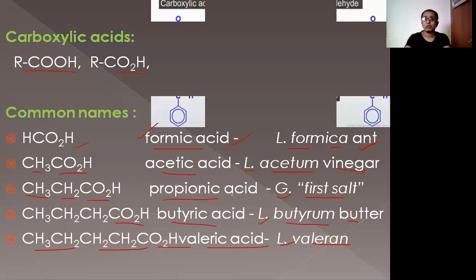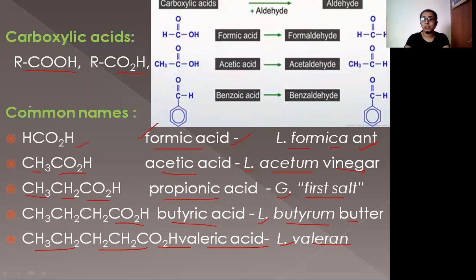Okay, so now these are some of the acids and this is aldehyde. We said that the common name of an aldehyde is derived from the corresponding acid by replacing ic acid by aldehyde. So this is formic acid, HCOOH. We replace ic acid by aldehyde, so it becomes formaldehyde, HCHO.